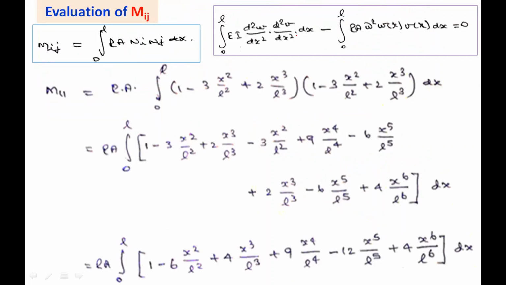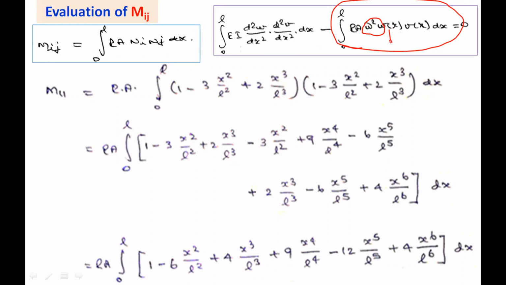So this is the second part of this weak form. We denote these mass matrix elements in general like this. Omega square is taken outside, it's a constant. The remaining terms are integral 0 to L rho a w v.